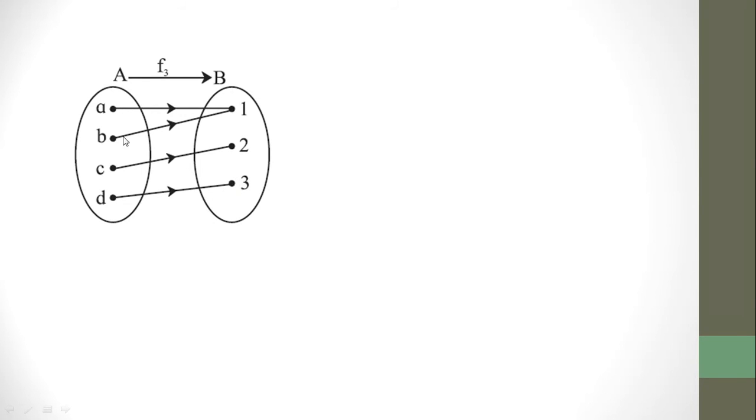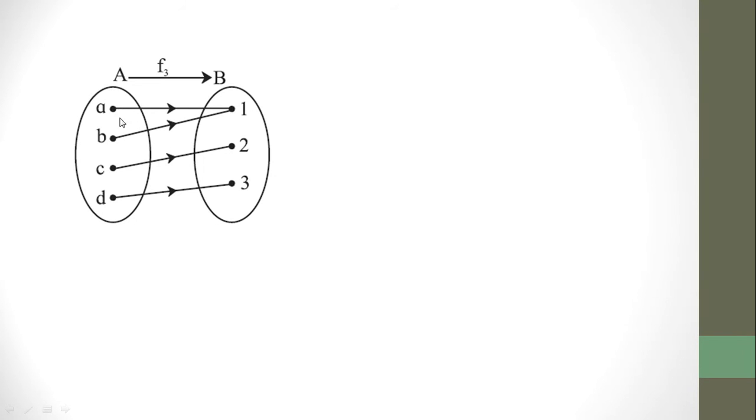Now if you observe, these two elements A and B are related with 1. A and B are different, but the image of A and B is 1, the same image. This is not possible in case of a one-one function.